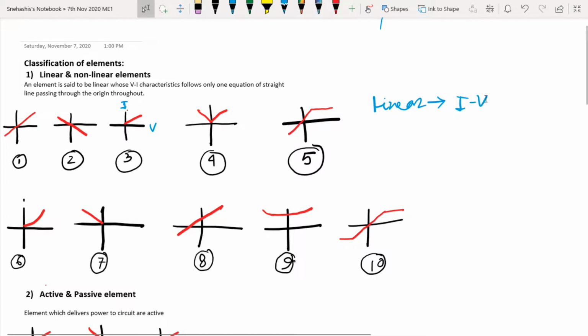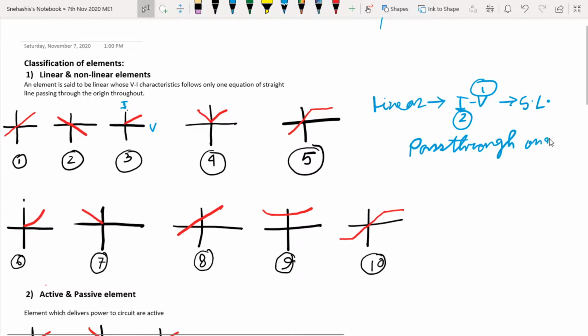So for a linear circuit, IV or VI, whatever characteristics, should be a straight line. That is the first criteria. The second thing is, it should pass through origin.